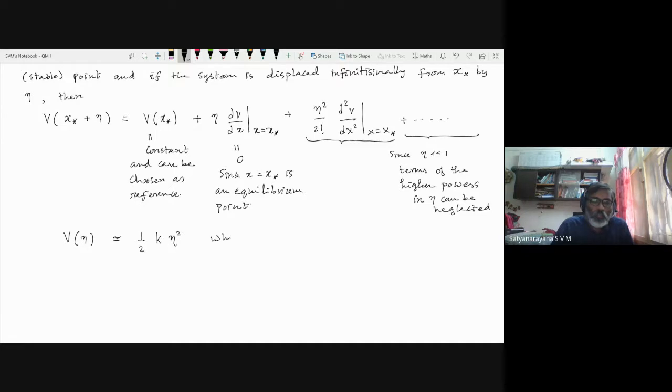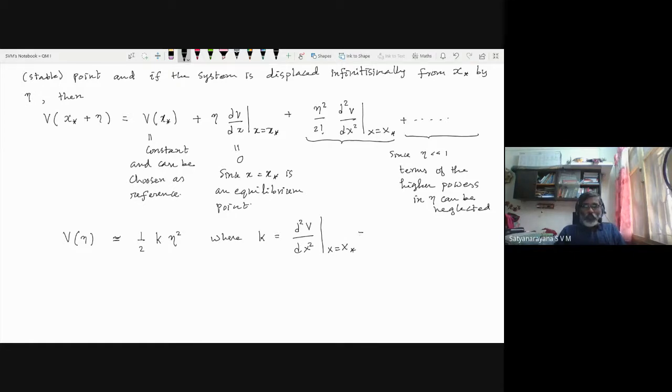So the force constant is related to the second derivative of the potential at the equilibrium point. The harmonic oscillator potential is quite general. For a system with mass m, this k will be written as m omega square.